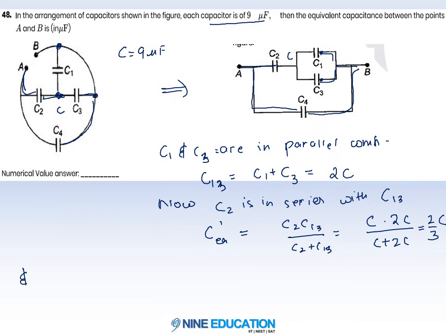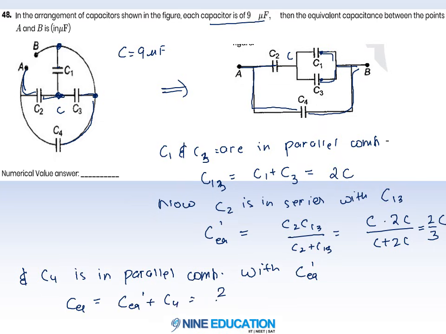And C4 is in parallel combination with C equivalent dash. So final C equivalent becomes C equivalent dash plus C4.